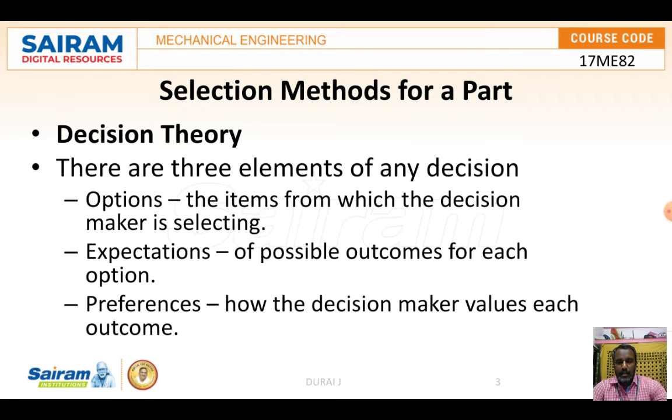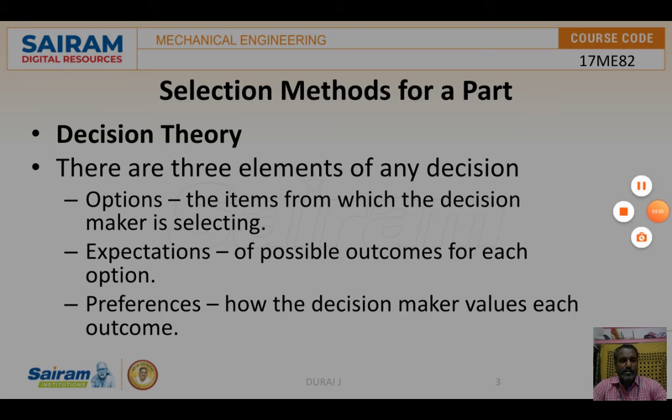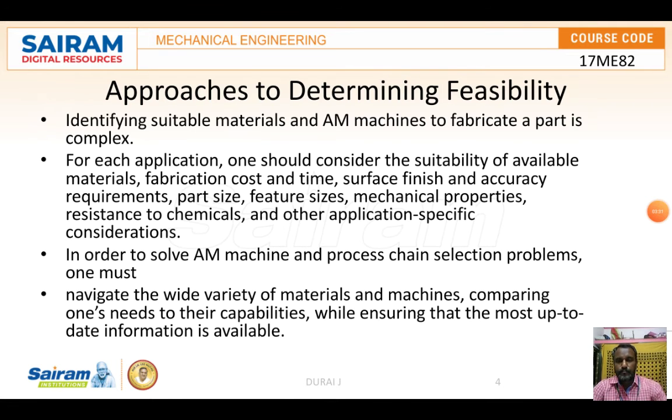Then comes the approaches determining feasibility. Here first we are going to identify the suitable material for the additive manufacturing machine to fabricate the part, which is complex. It may be a difficult job, so we are going to identify the suitable material.